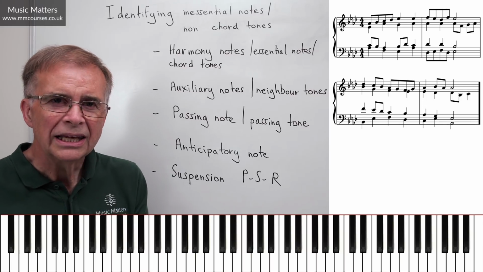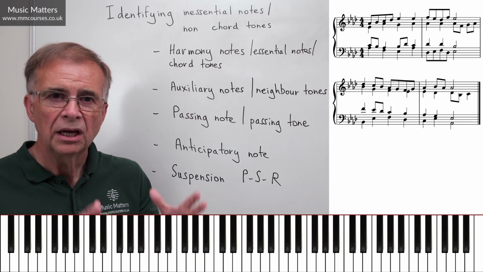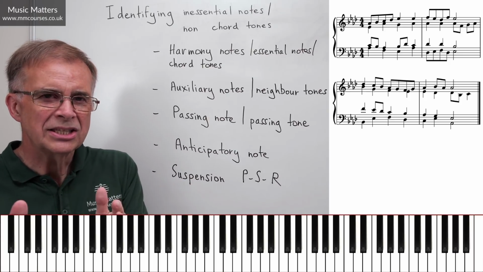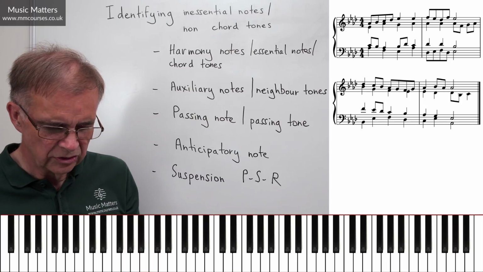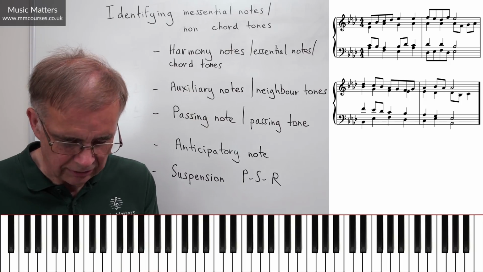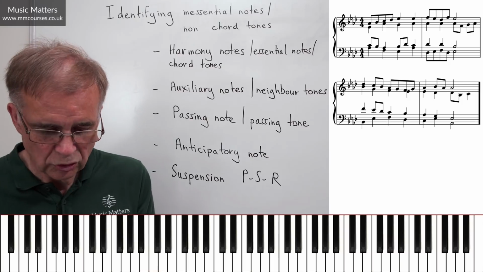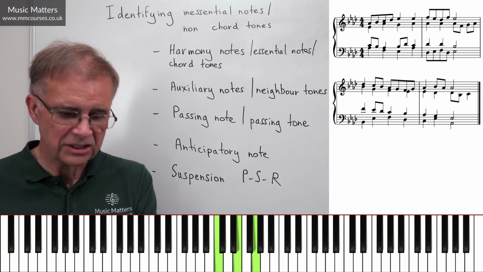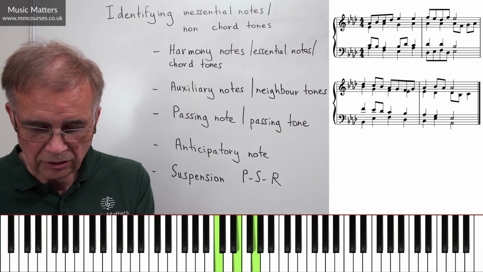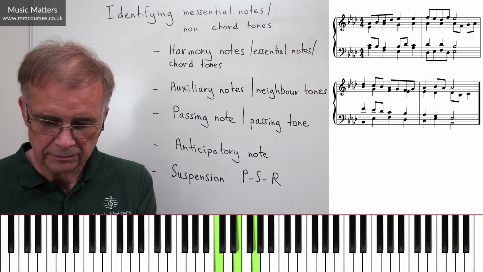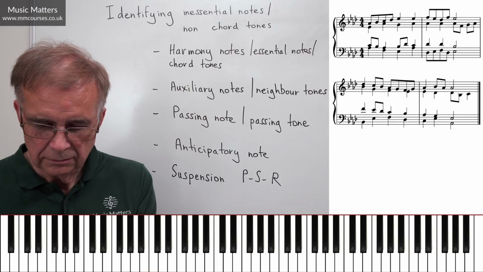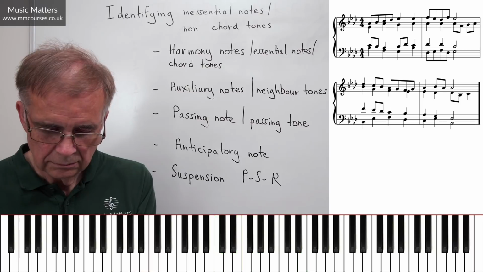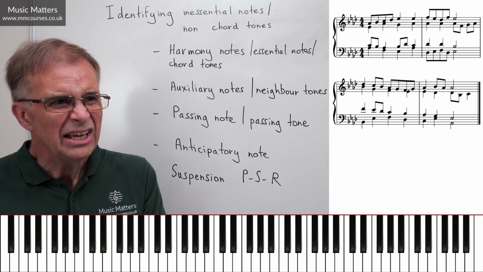But first of all, let's talk about the difference between a harmony note or a chord tone and an inessential note or a non-chord tone. So if I'm in the key of C major and I use the tonic chord, chord 1, C, E, G, I could have a melody that just uses those notes, C, E and G. Sounds okay, doesn't it?